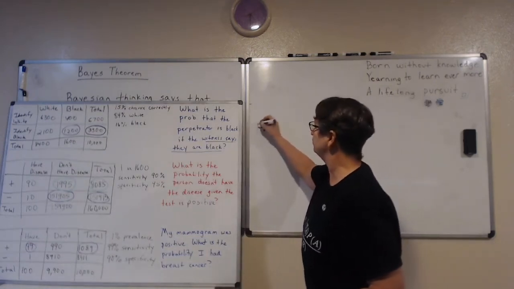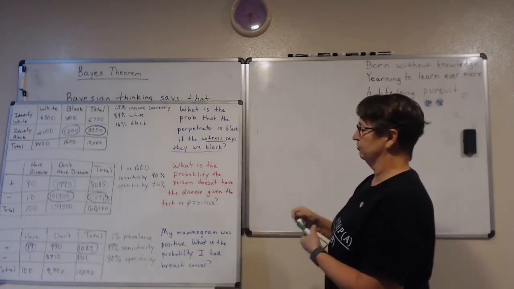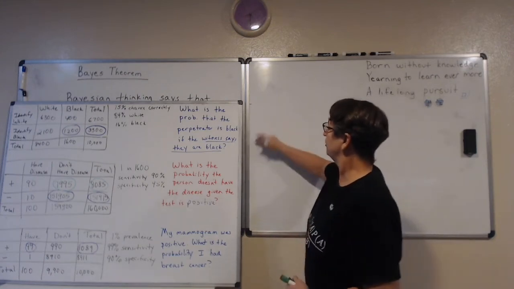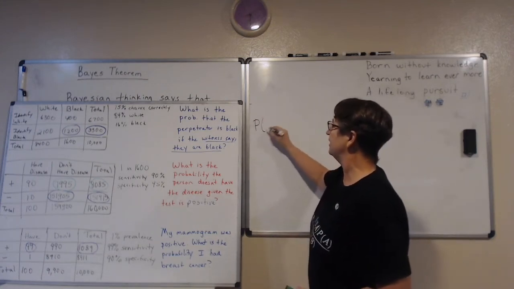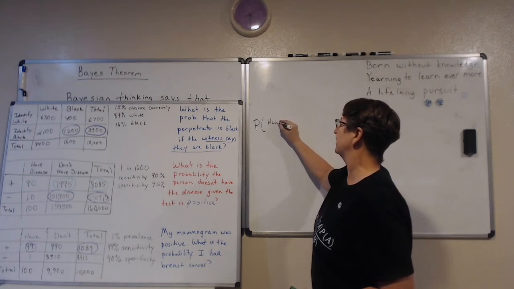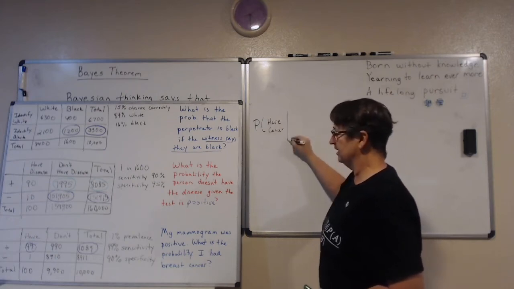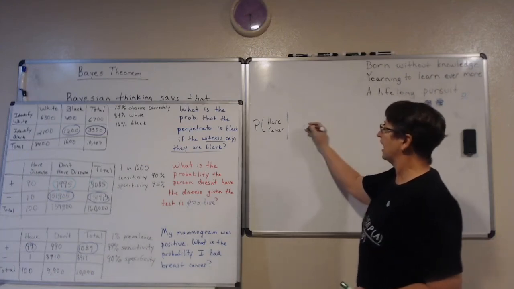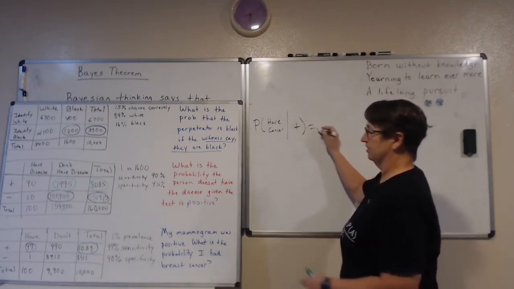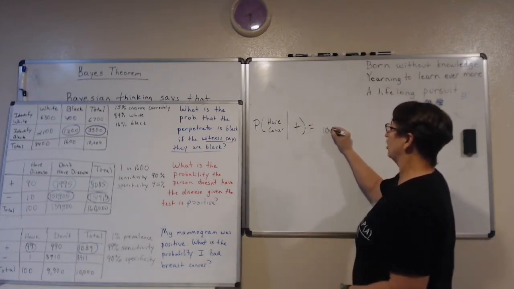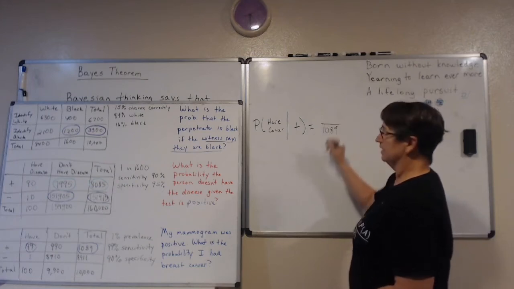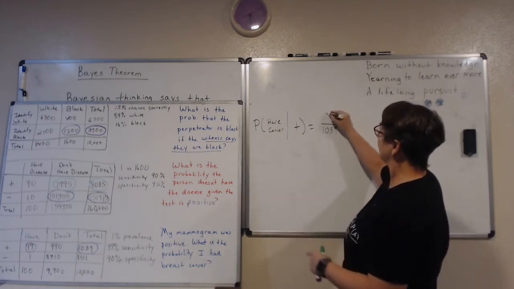So here's the notation. Let me use the black so you can maybe see it. The notation is the probability that I have breast cancer given that I got a positive test. And my denominator is 1089. And my numerator is 99.